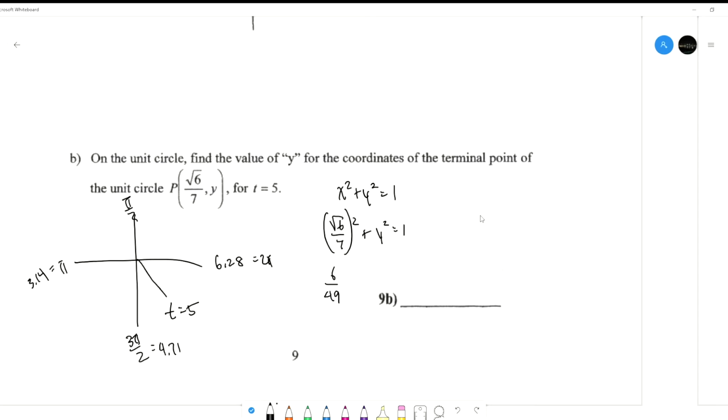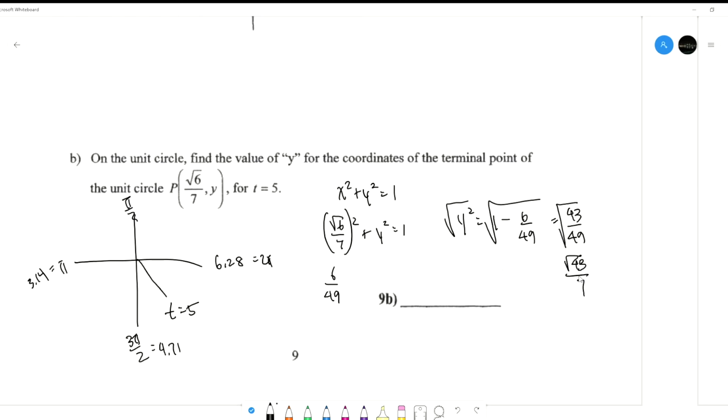So I'm going to do y squared is equal to 1 minus 6 over 49, which is what, 43, right? 43 over 49, and then square root that, right? So this is radical 43 over 7.